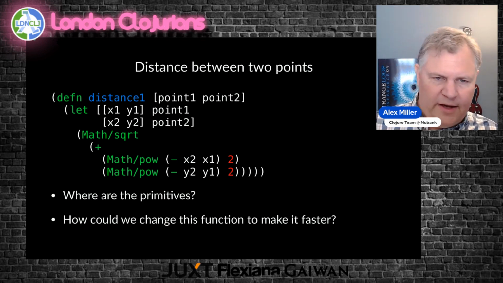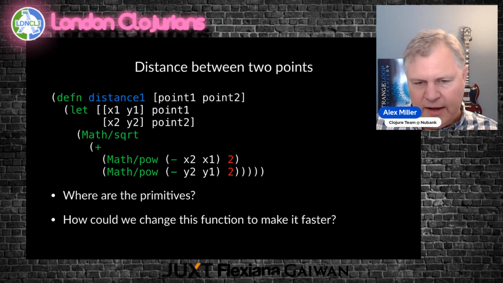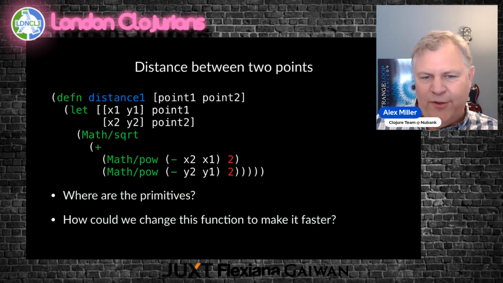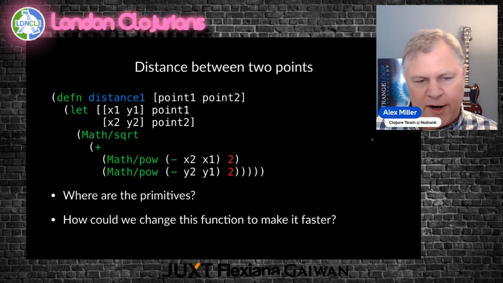So I know it's going to be faster to pull that apart. And I made a choice in the next slide about how to do that. There are multiple choices about how to do that. This is using java.lang.Math calls directly. Again, I would recommend using clojure.math.